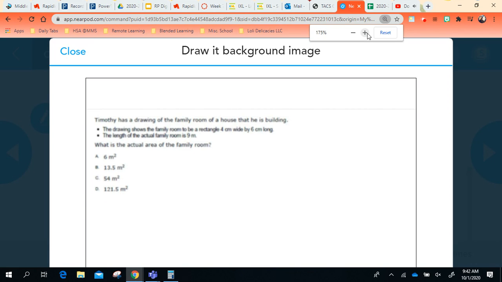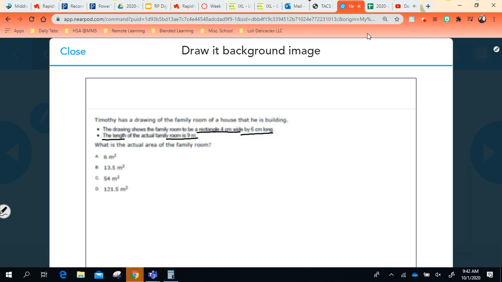So Timothy has a drawing of the family room of a house that he's building. There's important stuff, but not something that I need to underline. The drawing shows the family room to be a rectangle 4 centimeters wide by 6 centimeters long. The length of the actual family room is 9 meters.